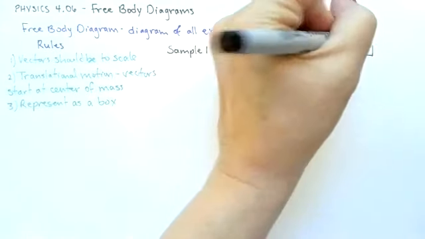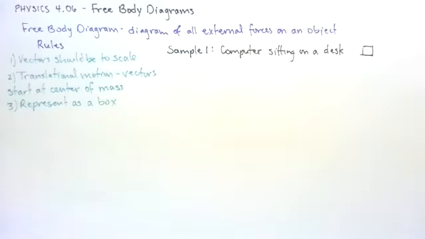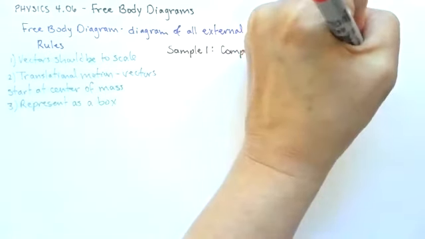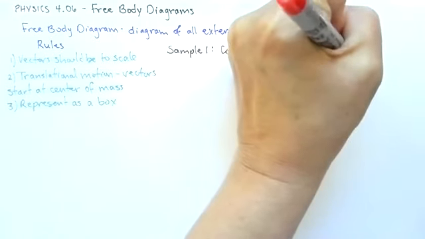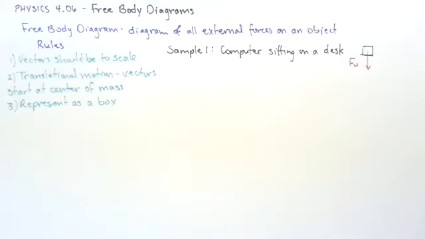So, gosh, look at that. I even screwed up my box. Leave it to me to screw up a box. For this one, my center of mass is going to be here, and I always draw my vector that's due to gravity as F sub W, because that's mass times gravity. I always draw that one first, because we might take the same object and draw 3 different free body diagrams for it.